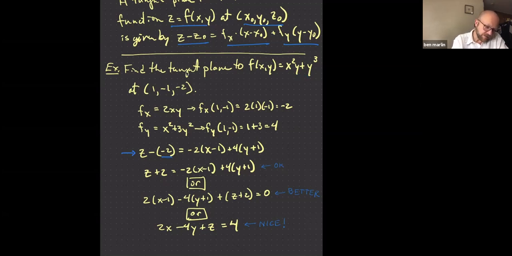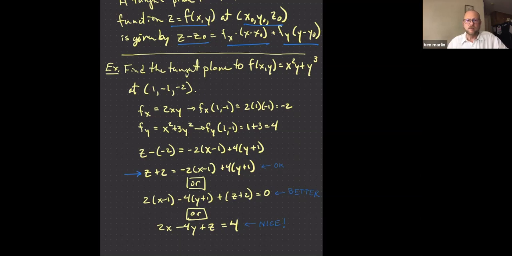But that means that you've got z minus a -2 is equal to -2 times x minus 1, because the x naught was 1, and plus 4 times y minus a -1, so y plus 1, okay? So if you're doing those, then the equation that you come to right here has z plus 2 being -2 times x minus 1 plus 4 times y plus 1.